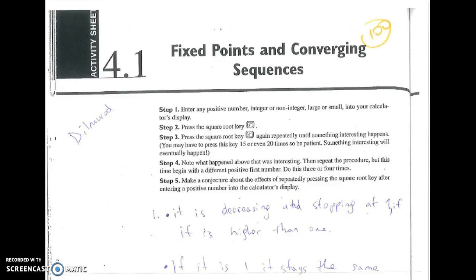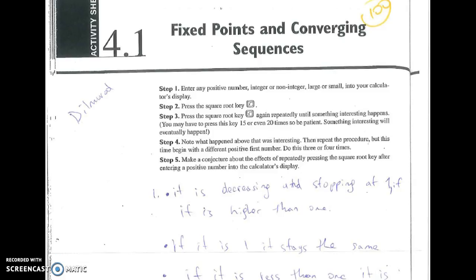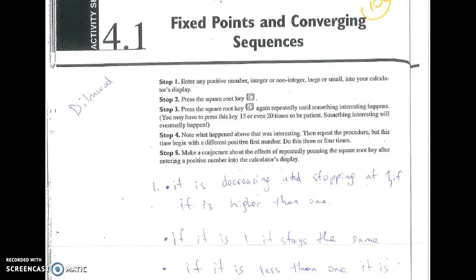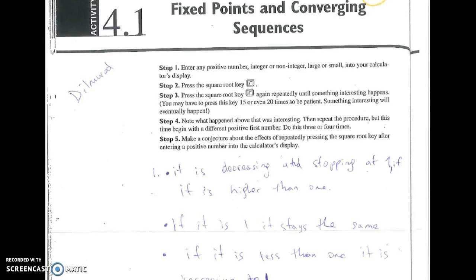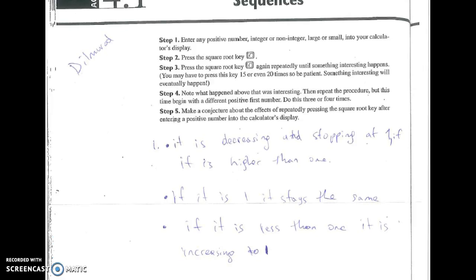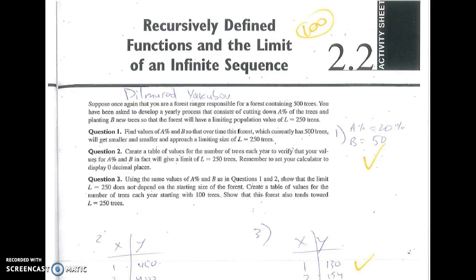If the number you picked was over 1, let's say 9, if you kept pressing the square root, it went back to 1. And if it was between 0 and 1, it went back up to 1. So whatever we did, it went to 1 on this exercise.